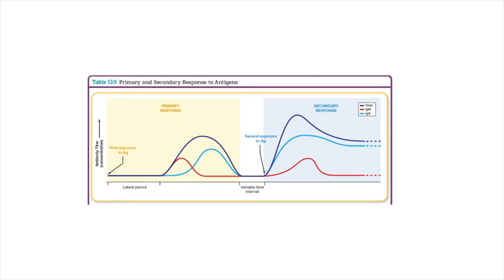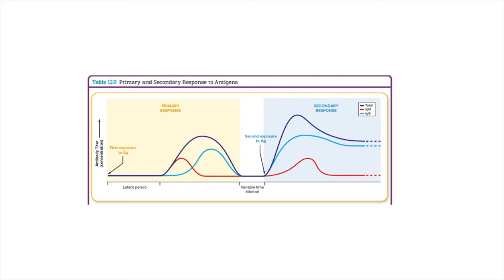Generally, that latent period gives the microorganism, if it's a real live microorganism, time to actually cause disease. Now, of course, that doesn't happen when the first exposure to the antigen is a vaccine. What happens after we cross the white area and move into the light blue area, you are exposed for a second time to the antigen, then your response is very quick and much more robust if you look at the height of this navy blue line.